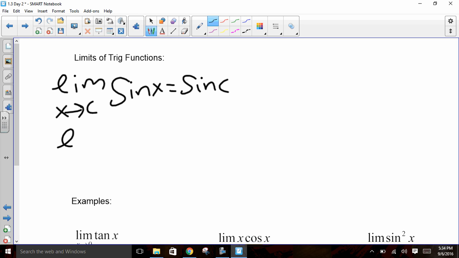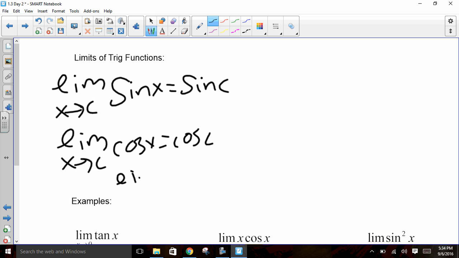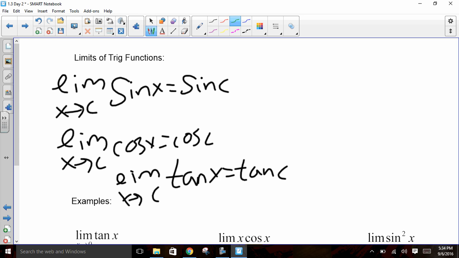Same thing with cosine. The limit as x approaches c of cosine of x will be cosine of c. Same with the limit as x approaches c of tangent of x. I can just go ahead and plug in tangent of c. But you guys can figure out this next one.